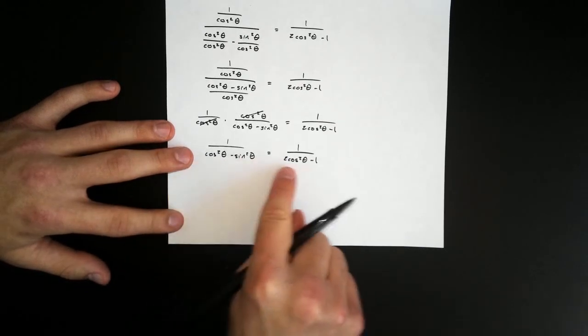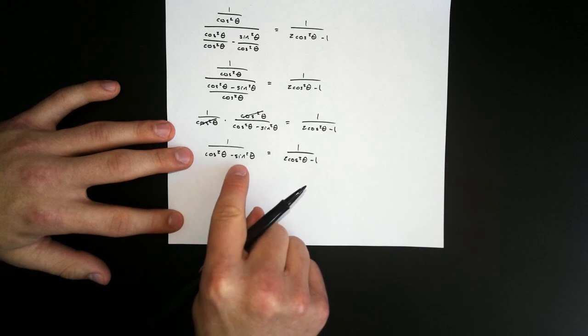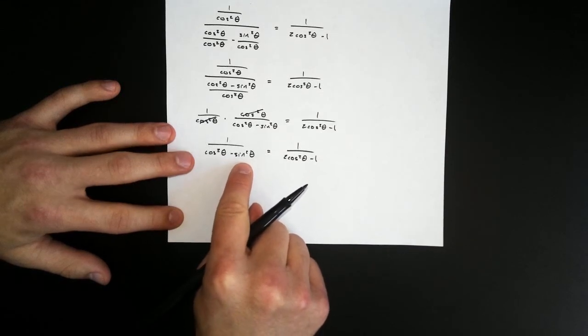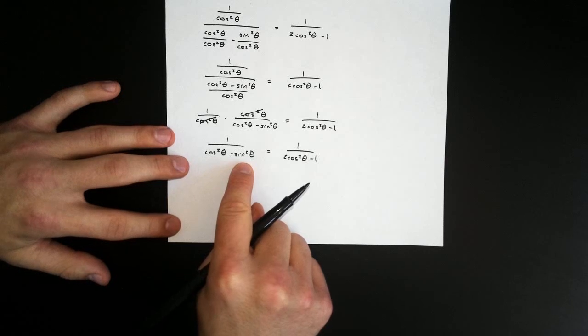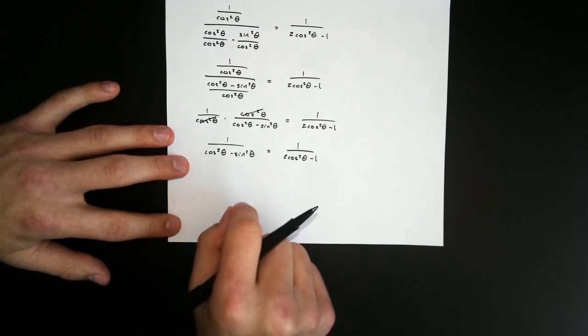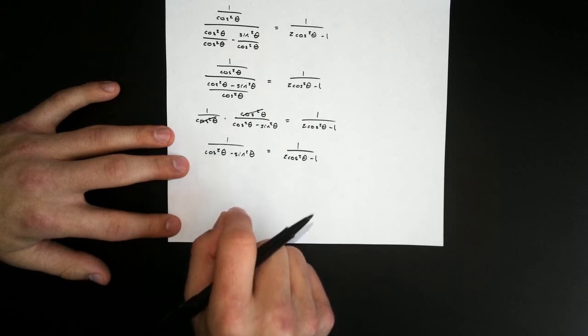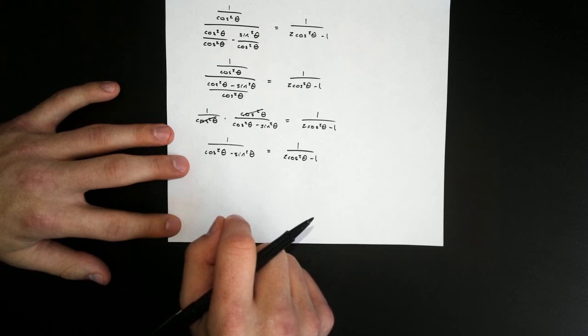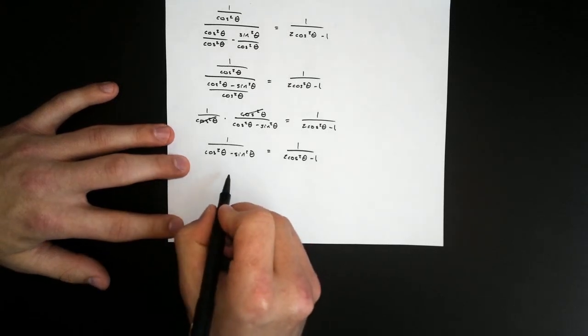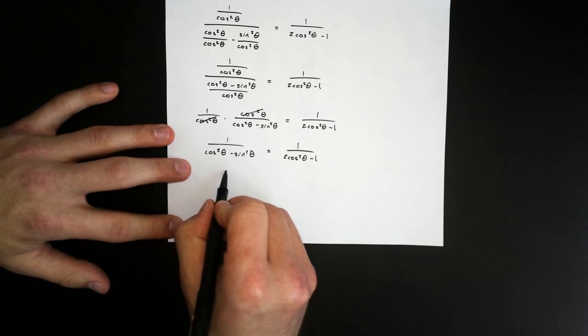So just comparing those two, let's take our sine squared and rewrite it in terms of cosine squared, which we can do with the Pythagorean identity. Sine squared plus cosine squared is the same as 1. So that means the sine squared is the same as 1 minus cosine squared.